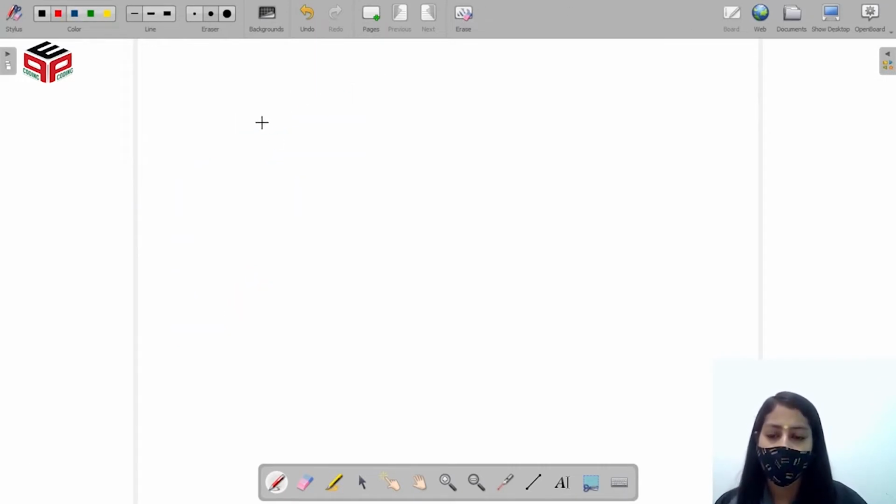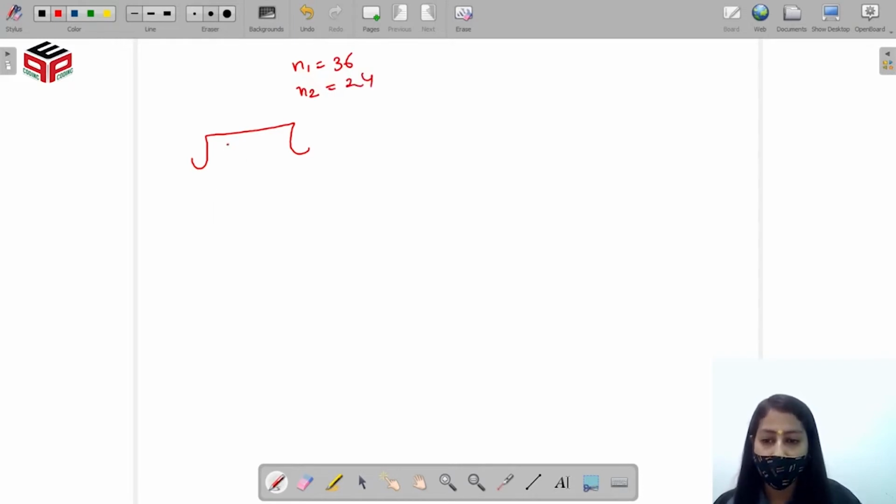We used this method in our smaller classes, that is known as the division method, right? In this method, we divide the first number, n1 is 36 and n2 is 24. So we divide 36 by 24, n1 by n2, and we find the remainder. The remainder is 12.